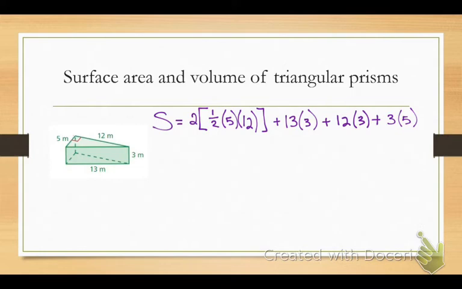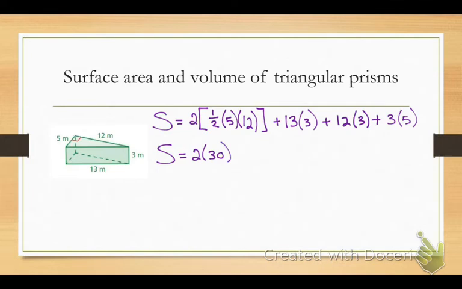Now let's calculate the area of my bases. So 2 times what is 1/2 times 5 times 12? Well, what's 5 times 12, guys? Look up here. 5 times 12 is 60. Half of 60 is 30.